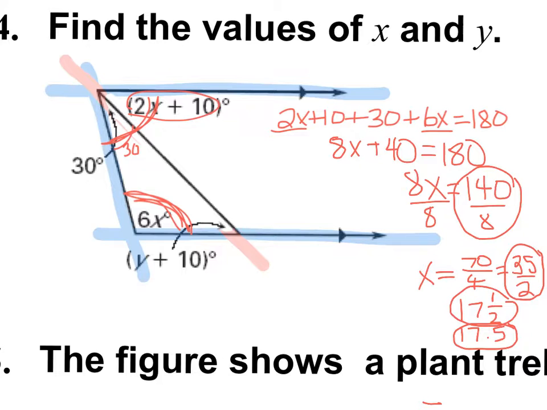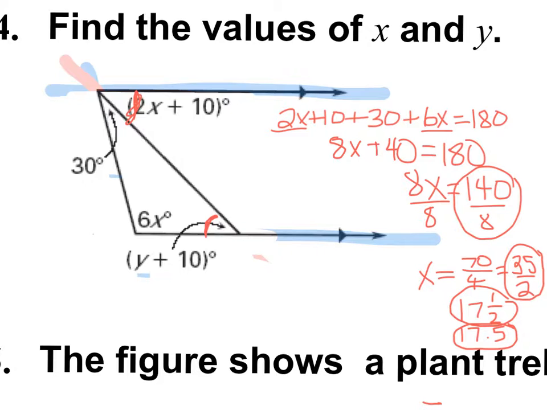I still have to find the y value. Okay, so let's clean this up a little bit. Now the y is in here. And I'll tell you there's a couple ways to do this, but one is using its alternate interior angle match.